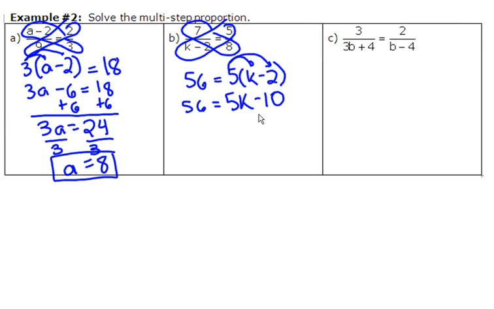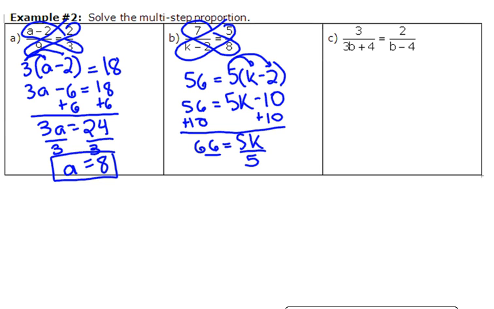Now I'm just solving for k. I'm adding 10 to both sides. So I get 66 equals 5 times k. So to undo that, I divide by 5. Now 66 divided by 5, that's not going to go in evenly, and I cannot simplify that fraction. So I leave it as 66 over 5 equals k.